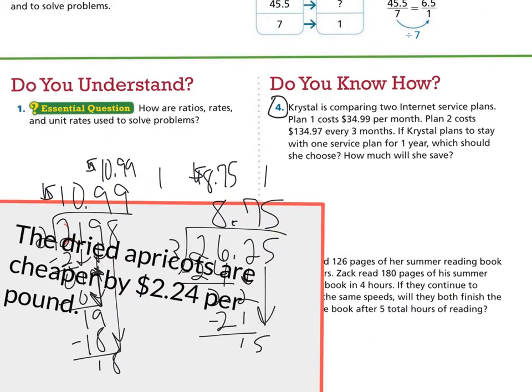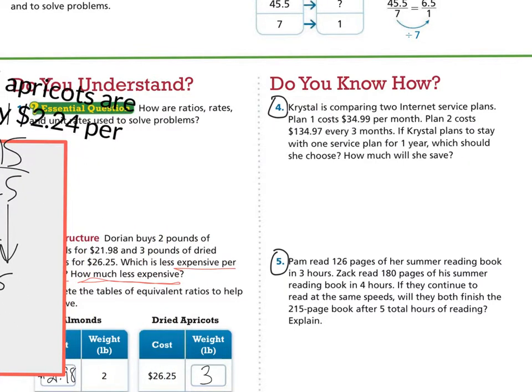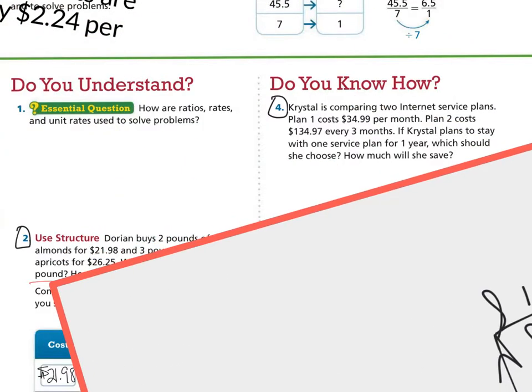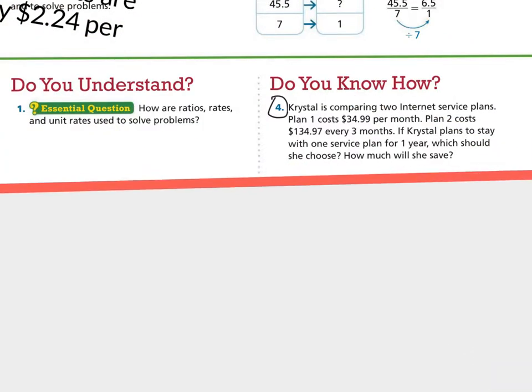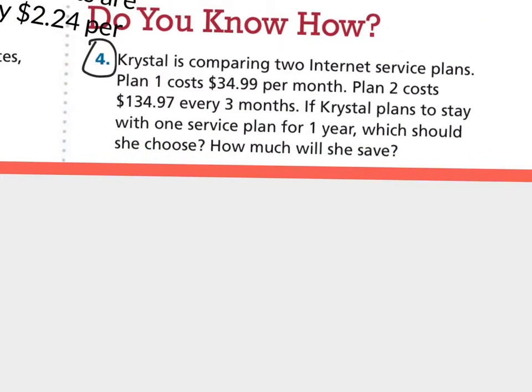Okay, let's look up here at number 4. So number 4, Crystal is comparing 2 internet service plans. Plan 1 costs $34.99 per month. And plan 2 costs $134.97 every 3 months.